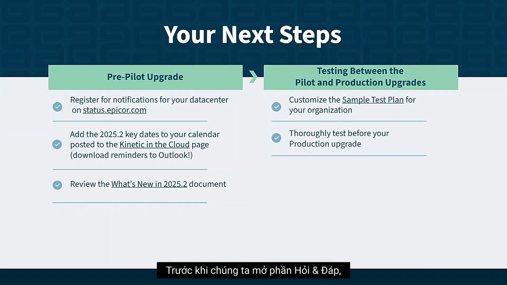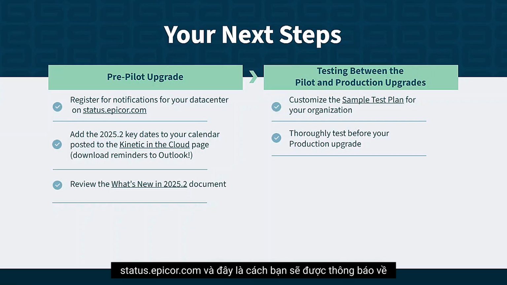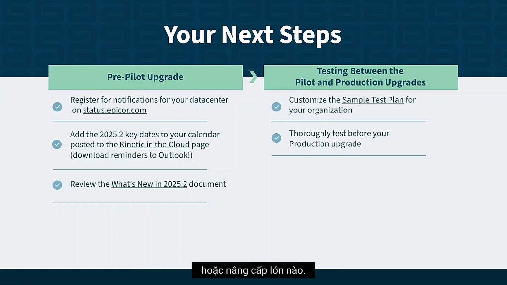Before we open it up for the Q&A, I wanted to recommend some next steps. So if you haven't already, if you're in the cloud, sign up for those notifications for Kinetic for your data center on status.epicor.com. And this is how you will be notified of any of the all clears for any minor update or major upgrade.